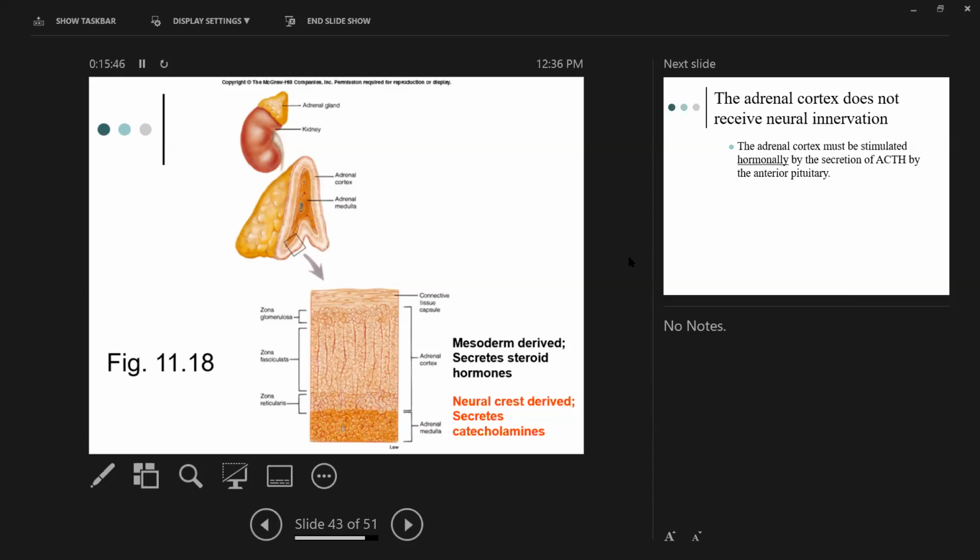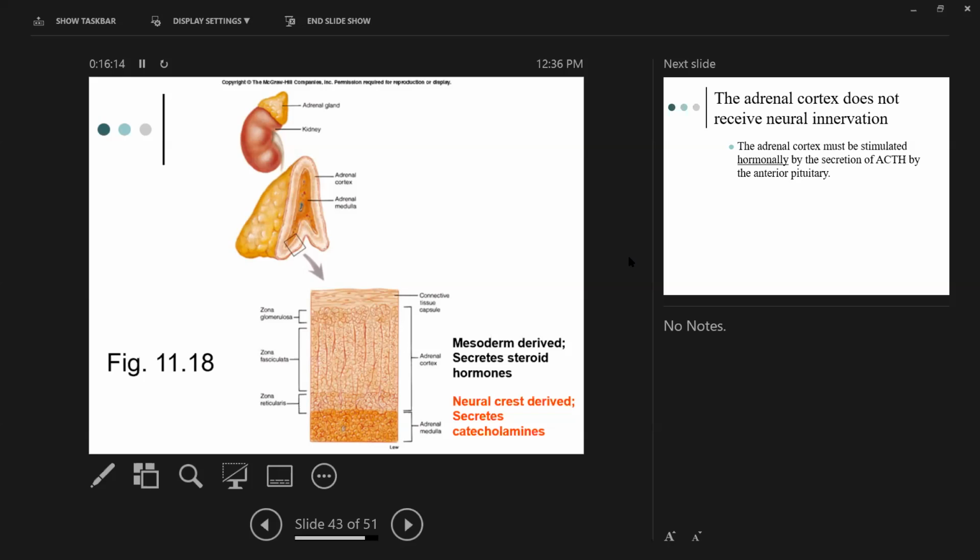Think of if you gave someone ACTH. If you gave someone ACTH, would their adrenal tumor respond to the ACTH and make more hormone? Yeah, it probably would. Whereas if you have a pituitary tumor kicking out too much ACTH, you probably already have too much ACTH, so adding more probably wouldn't cause it to respond more.